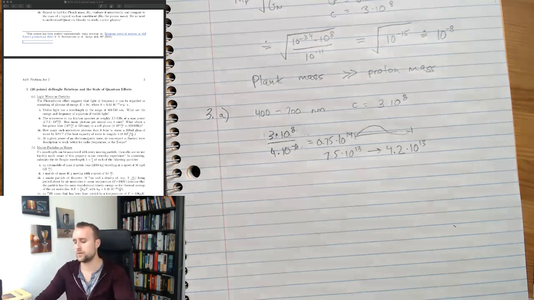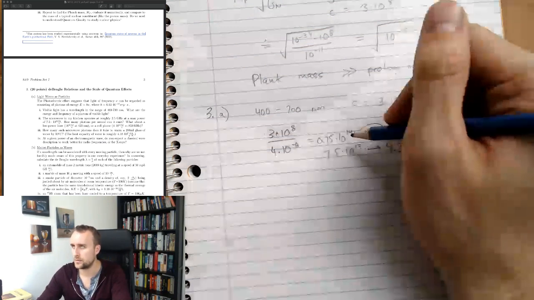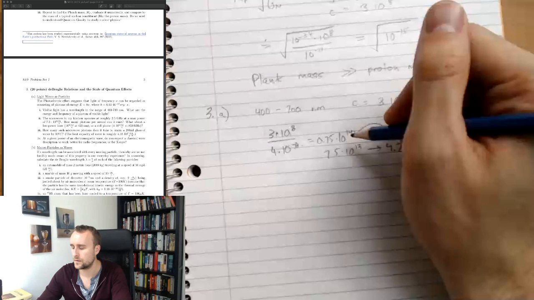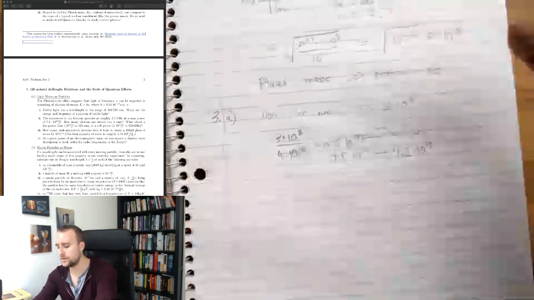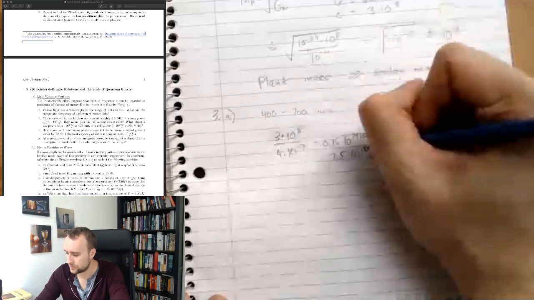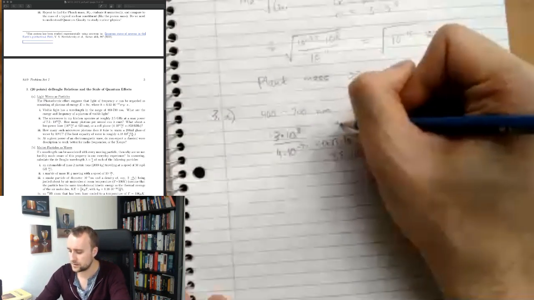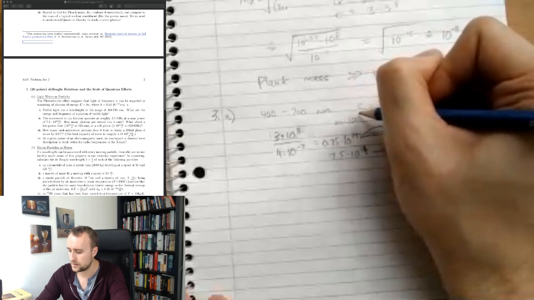Oh, 400 nanometers. A nanometer is meter times 10 to the negative 9, so it's 14. Okay.